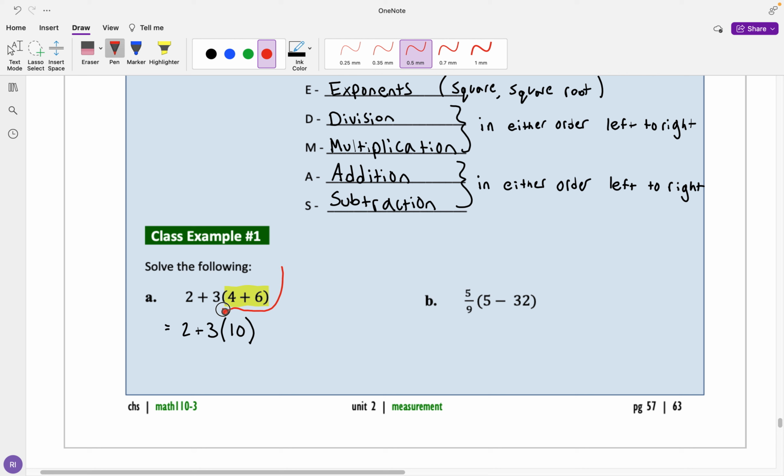Now, just as a note, if we aren't sure, I'm seeing 3 beside 10, the 10 in brackets. This is multiplication. So if you have a number that's next to a bracket, you multiply.